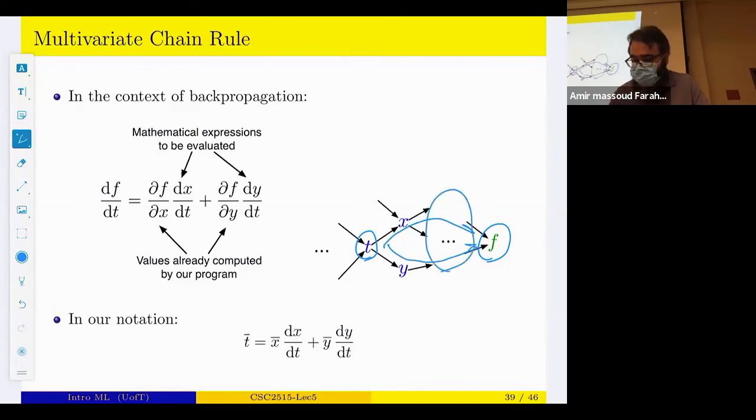But suppose there are only 2 paths here, we can write the derivative of f with respect to t as the derivative of f with respect to x times d of x to d of t, and the same for y. And the important thing is that if you start from the back and gradually come back, when you are at this stage, you have already computed d of f with respect to d of x.